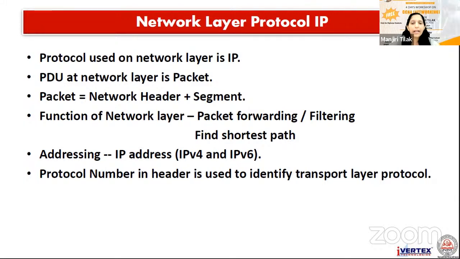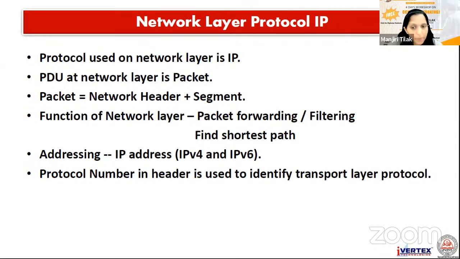To identify that, IP uses a protocol number. When you study the IP header, you will find one field known as the protocol number, and based on that, the network layer will identify the transport layer protocol.